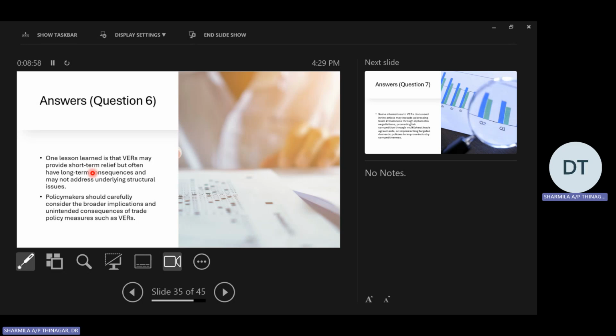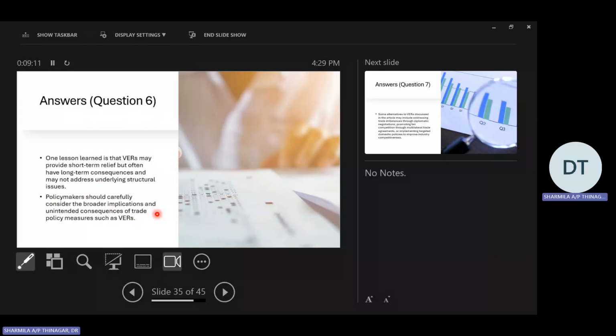What is the main issue? Policymakers should carefully consider the broader implications and unintended consequences of trade policies such as VER. When you want to solve this problem, you have to know first what the main problem is.